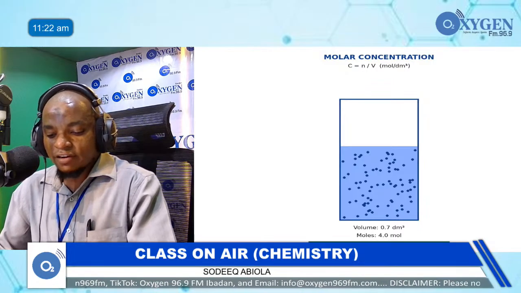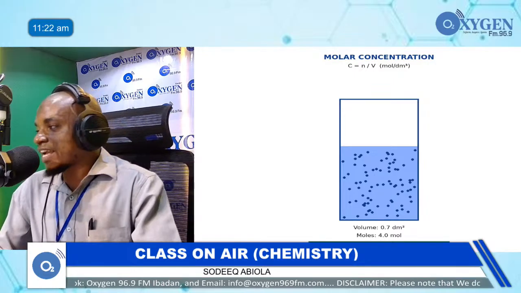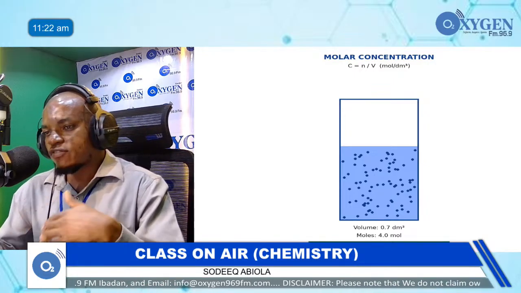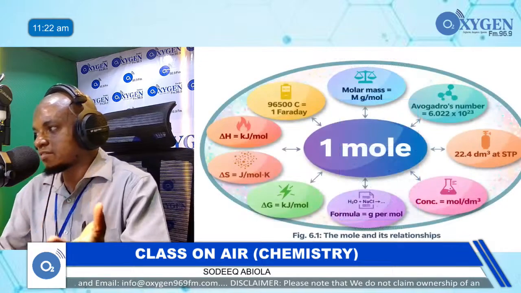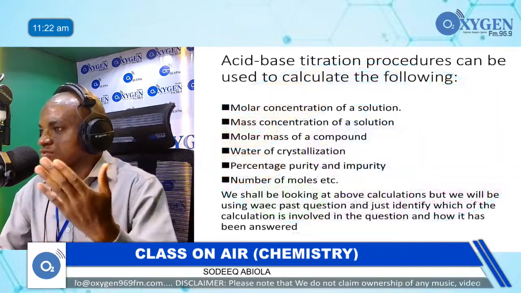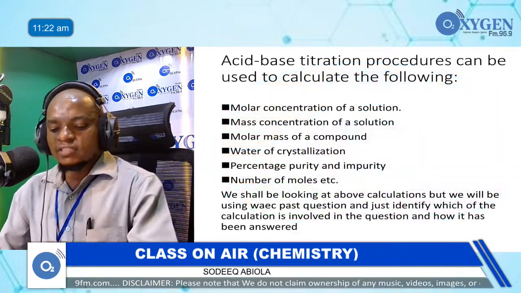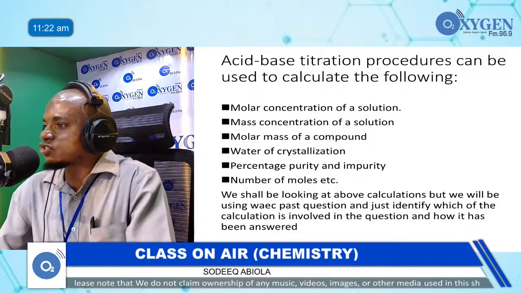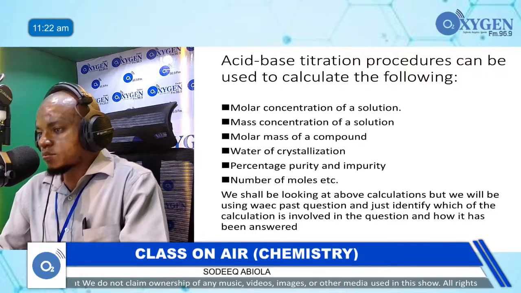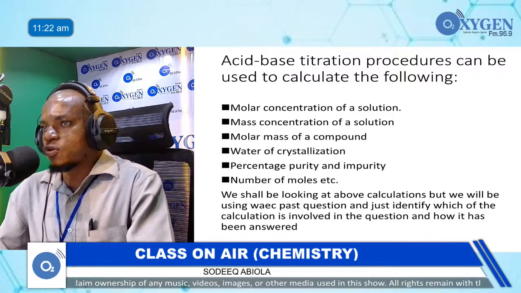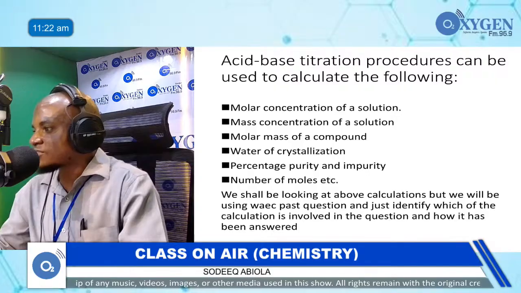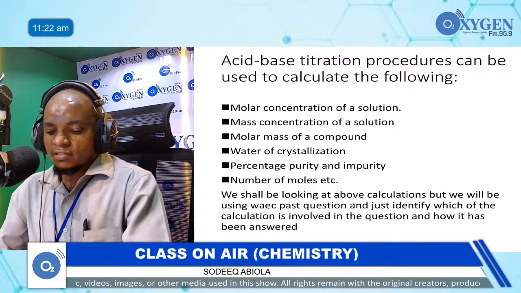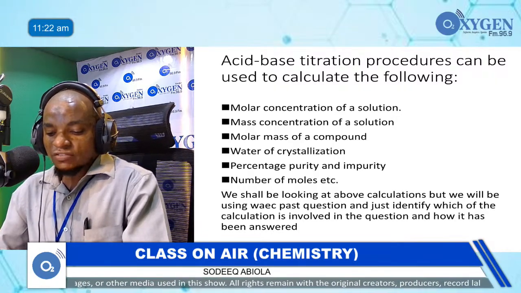So naira is our currency, and this naira, we can convert it to different currencies. The same thing goes with mole. In chemistry, we use mole to quantify substance, and this mole can be converted to other units.